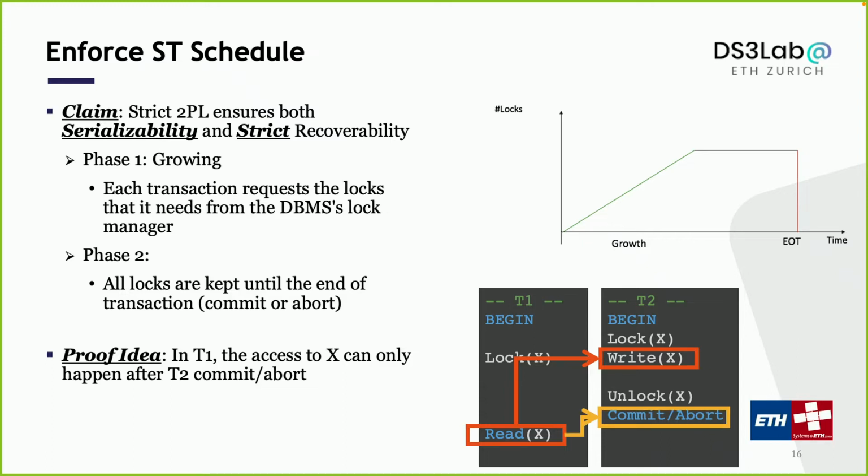That will be after T2 either commits or aborts. This enforces the structure we saw in the previous slides about a strict schedule. Whenever T1 has access to something, it already knows T2 either committed or aborted. Otherwise, it won't get the lock at all because of strict two-phase locking. This is the proof idea about why strict two-phase locking gives you something strict in a very precise way. And as we talked about last week, it also gives you something serializable.